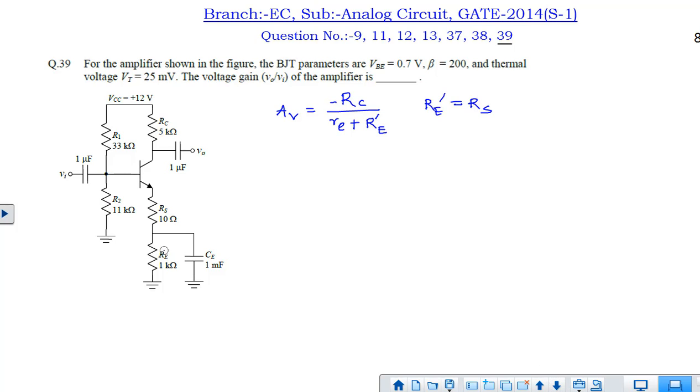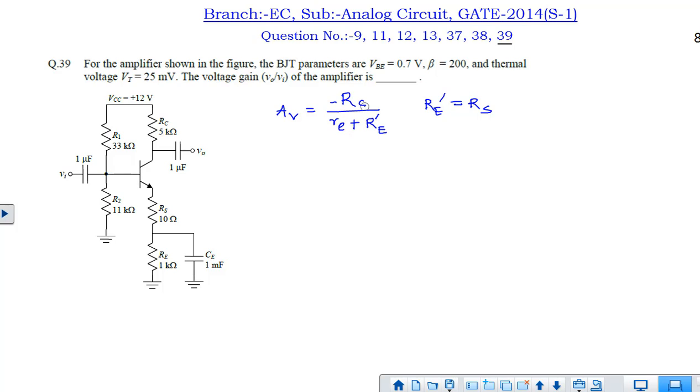So here in this circuit we can write in this way, because this re expression may create confusion with this RE. So we will take this as re dash. This re dash value is equal to RS, because this RE won't be appearing in the small signal voltage gain, because it will be bypassed by the emitter capacitance.